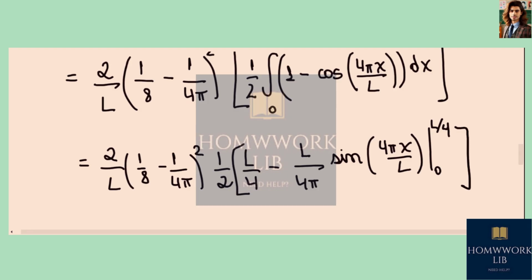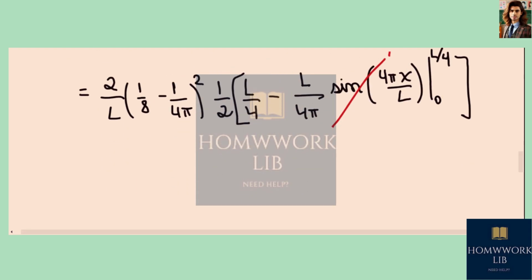This last term cancels out. Notice that when x is L over 4, the sine is 0 because it's the sine of pi. And when x is equal to 0, the sine must also be 0. So this is just 2 over L times 1/8 minus 1 divided by 4 pi squared times L over 8.